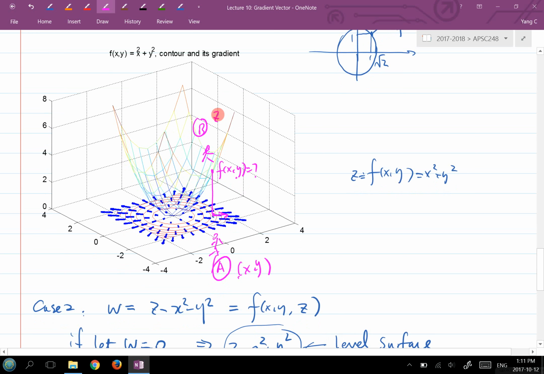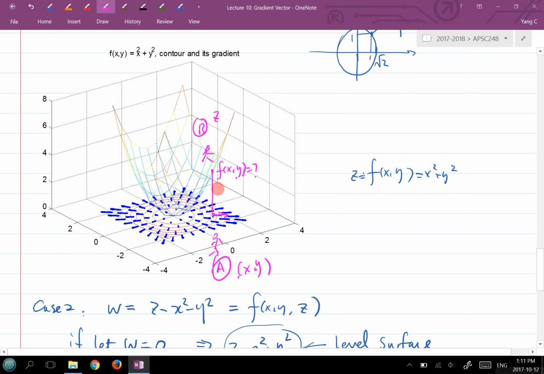That makes sense? Now, if you're the one on the ground and you want the guy on the surface to go as fast as possible, what instruction would you want to give to this guy? That's the question here.